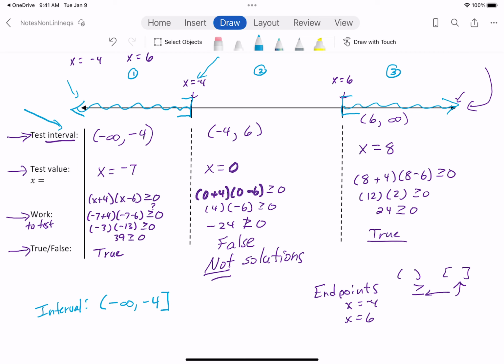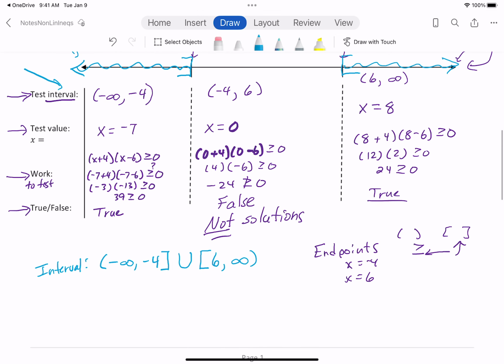And if you remember from linear inequalities, if we have a gap like we do here in the middle, anything between -4 and 6 is not a solution, so we have a gap there. Then we use a U to combine those two disjoint sets. So the solutions start again at the endpoint 6 with the bracket and go out to positive infinity. So this is the answer for the interval notation. Now I do want to make one note.